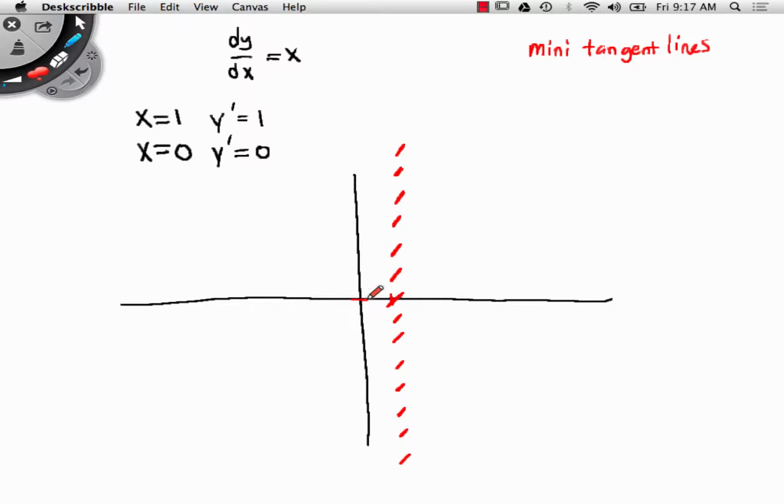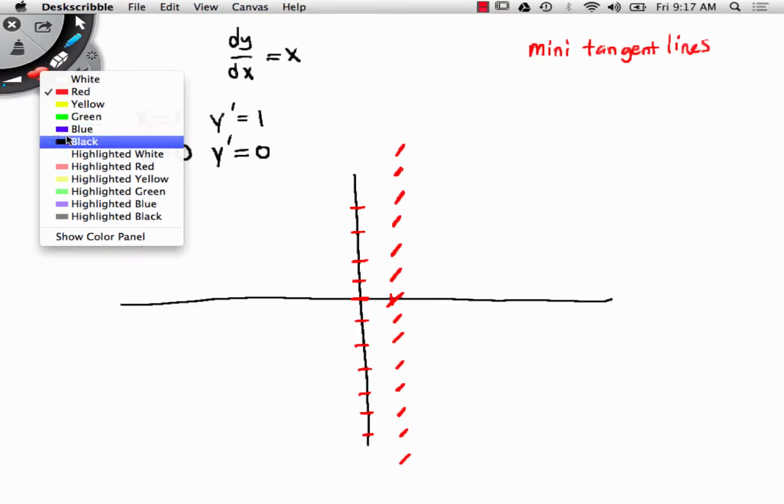So that means right here the slope's that, or that, or that, or that. Are we okay with what I'm doing so far? Do we have to know how to do it graphically like this? Yeah, because this is another topic in 7.2. Now these are called direction fields.